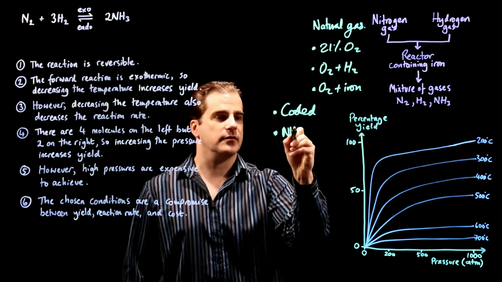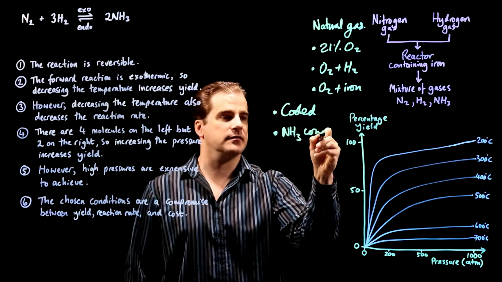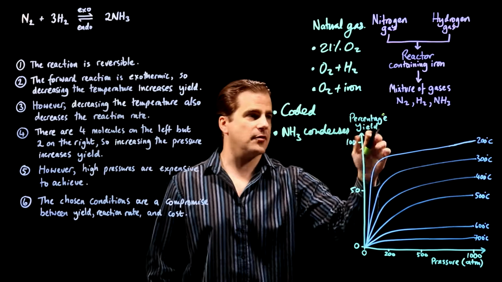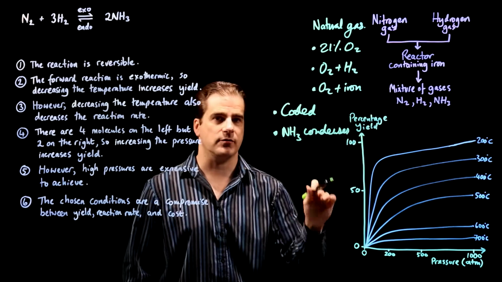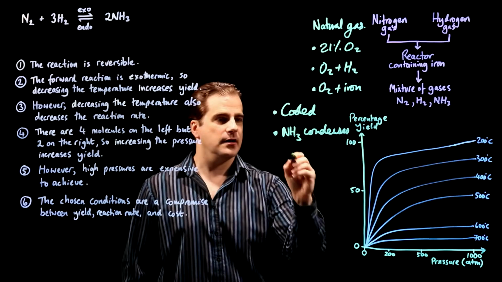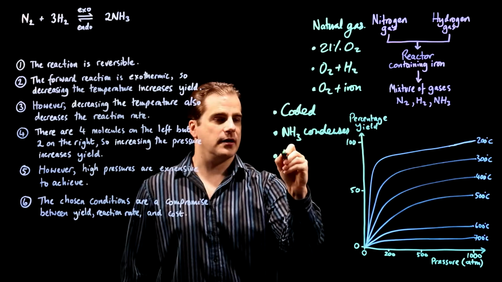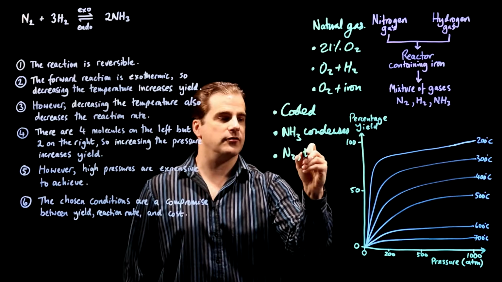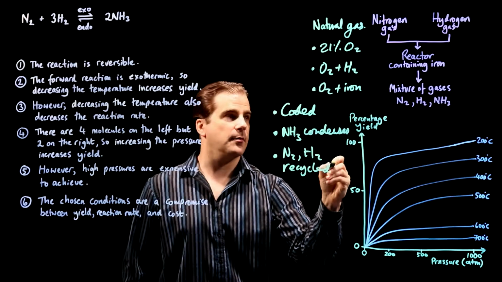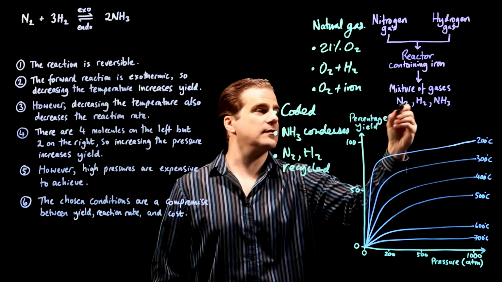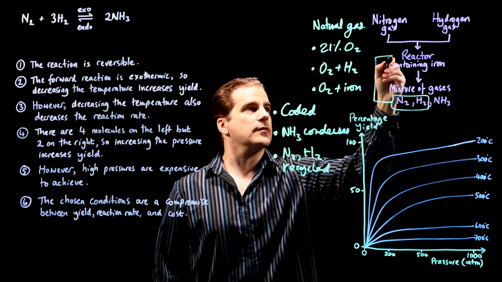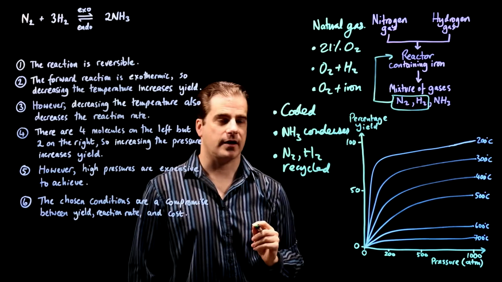Okay? So the ammonia condenses. And it's separated from the nitrogen and hydrogen, which remain as gases, just by tapping it off. Okay? And the nitrogen and the hydrogen are recycled back into the reactor. So these two, they're recycled back into the reactor like that.